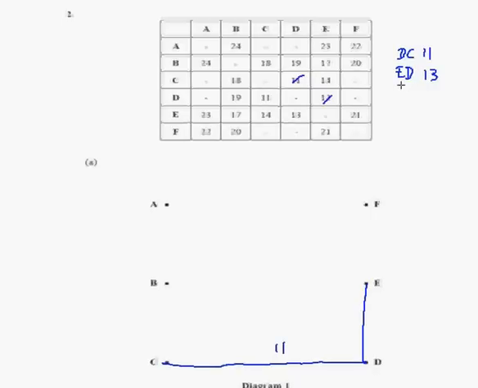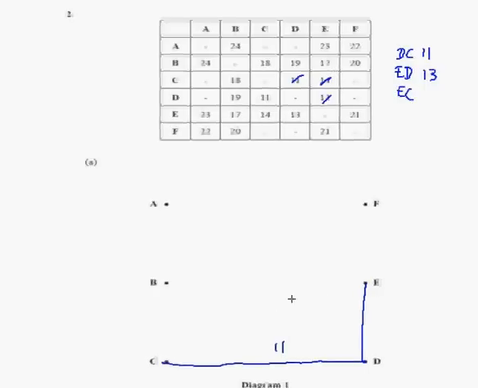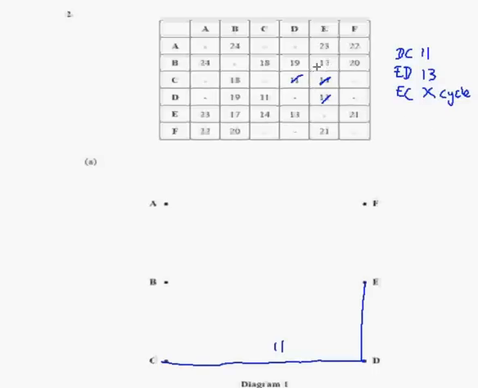So next one, 14 seems to be the next biggest. That's EC. If we were to put that on, we would get a cycle. So we'll reject EC because it gives us a cycle, and carry on. The next biggest one seems to be EB. So we'll put that on.